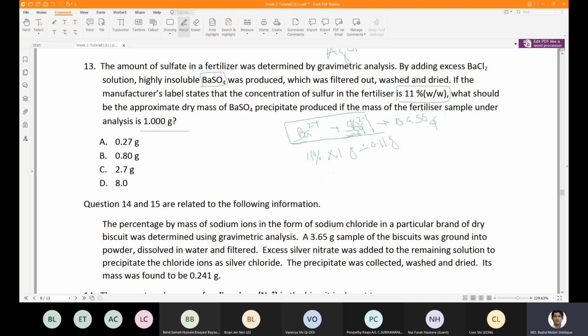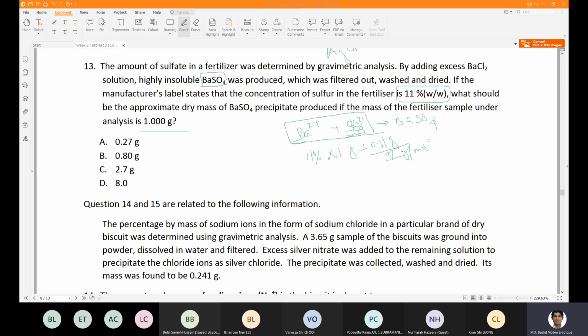So from there we can backtrack and find out how many moles of sulfur are in the actual sample. So 0.11 gram of sulfur means how many moles of sulfur? We can find 0.11 by 32 moles, if we divide by the gram per mole of sulfur, and we have to find out the number of moles of sulfur. It is 3.43 times 10 to the negative third.